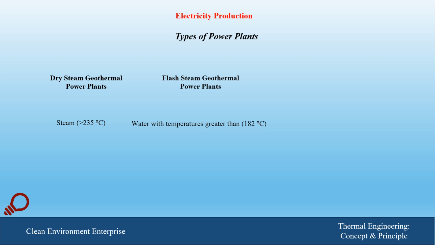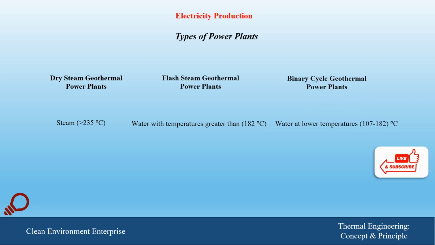The second type is called the flash steam geothermal power plant, where water is extracted at 182 Celsius, and as it rises up, the pressure drops, and a part of that hot water is evaporated and then passes through a cycle to complete the power production.